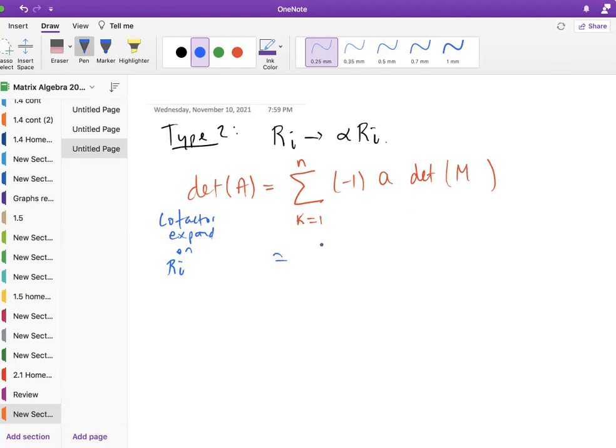Okay, we can also express this as the cofactor. And if you're expanding on row I, you're fixing I and you're going along K, different columns. All right, so what are the indices? What coordinates go here?